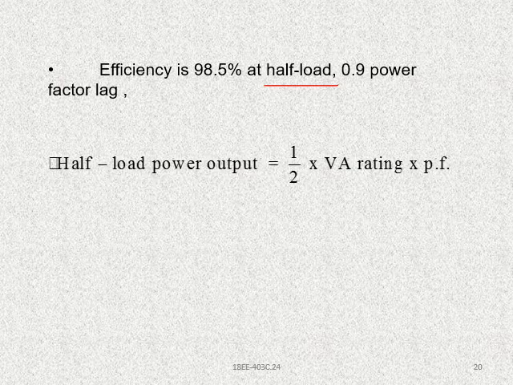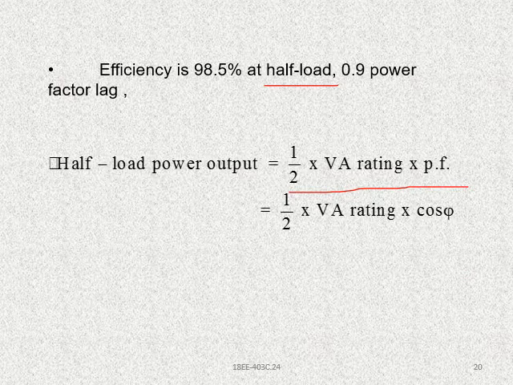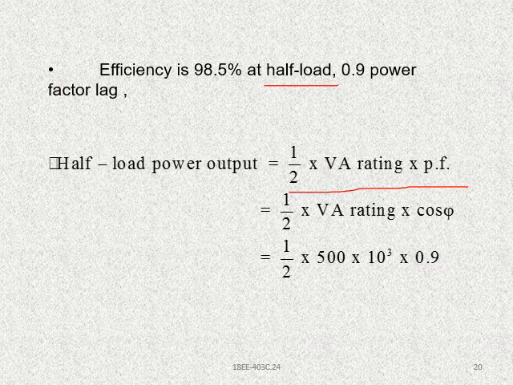Simply here, half load, so we need to multiply by 1 by 2 to the VA rating into power factor, which is half into 500 into 10 power 3 into 0.9. That gets 225,000 watts.